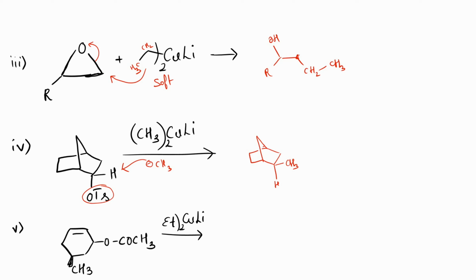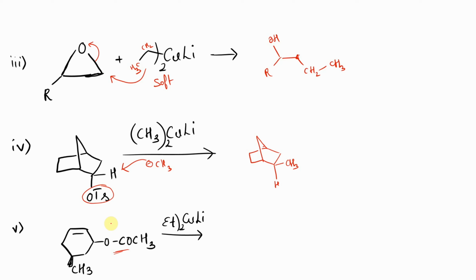Now in the next example, here we have an allylic group and a CH3 group, and this is a leaving group. What happens when we treat this compound? As I said earlier, if you have an allylic halide or groups which are leaving the compound, then the reaction takes place in such a way that there will be inversion of configuration.